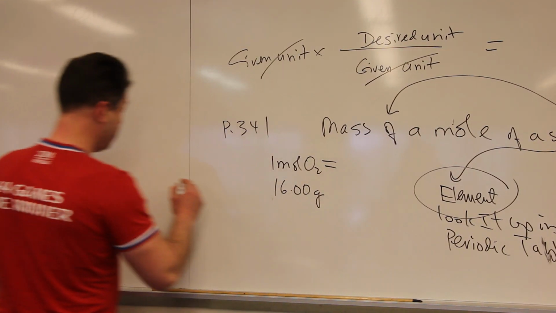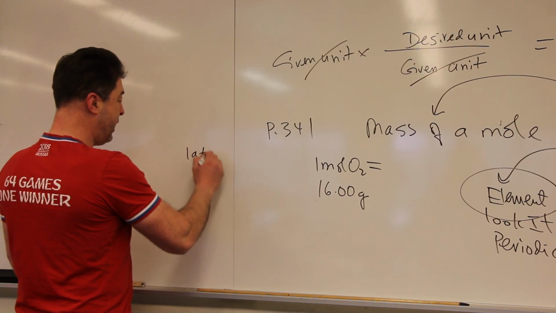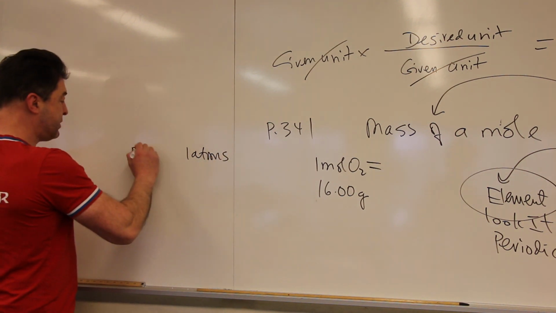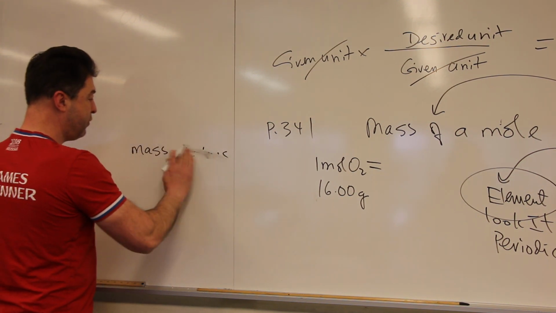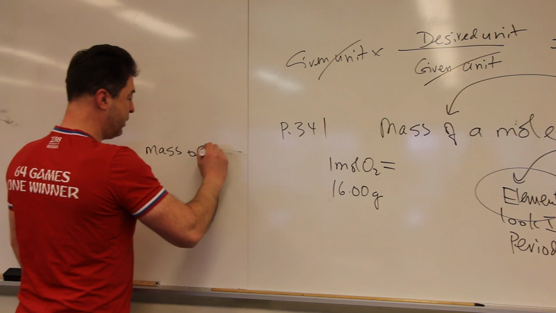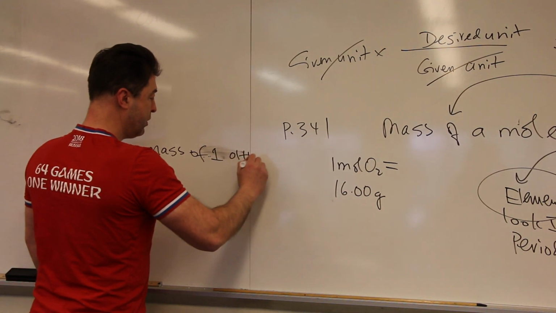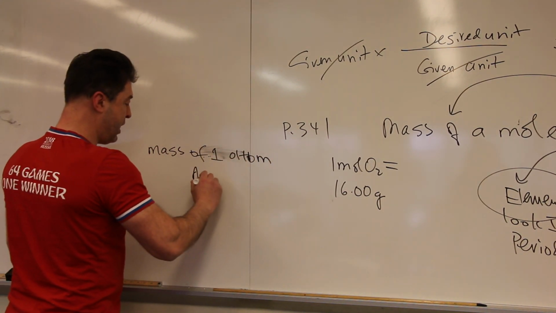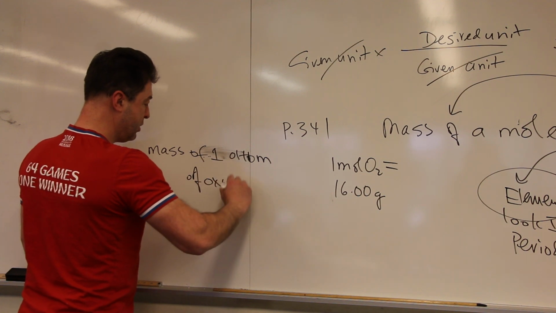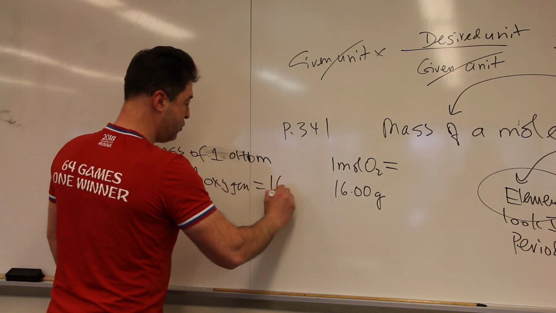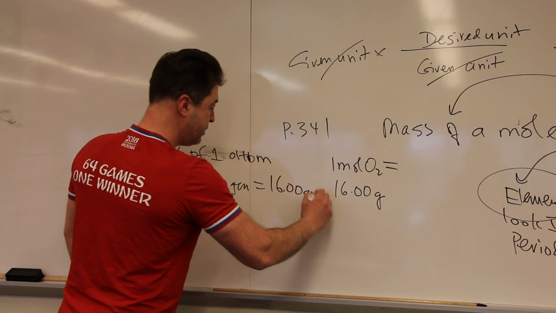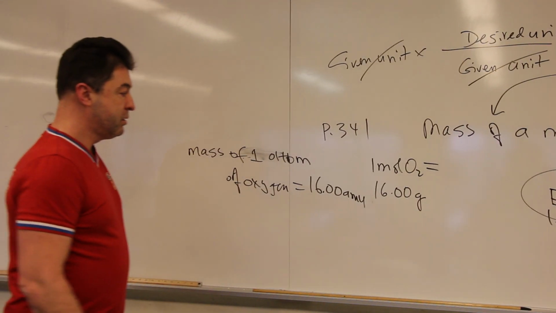But if you're talking about the mass of 1 atom of oxygen, then of course we use units of 16.00 AMU.